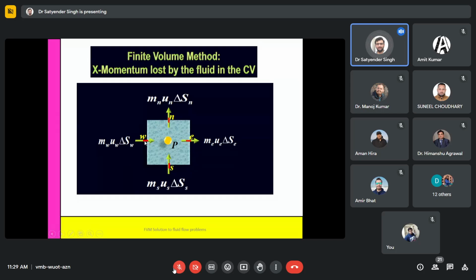These red symbols represent the fluxes entering or leaving a control surface in a particular direction, like from the west side, from the east side, from the south entering, from the north leaving. The same way, we will further utilize some advection schemes for their solution.